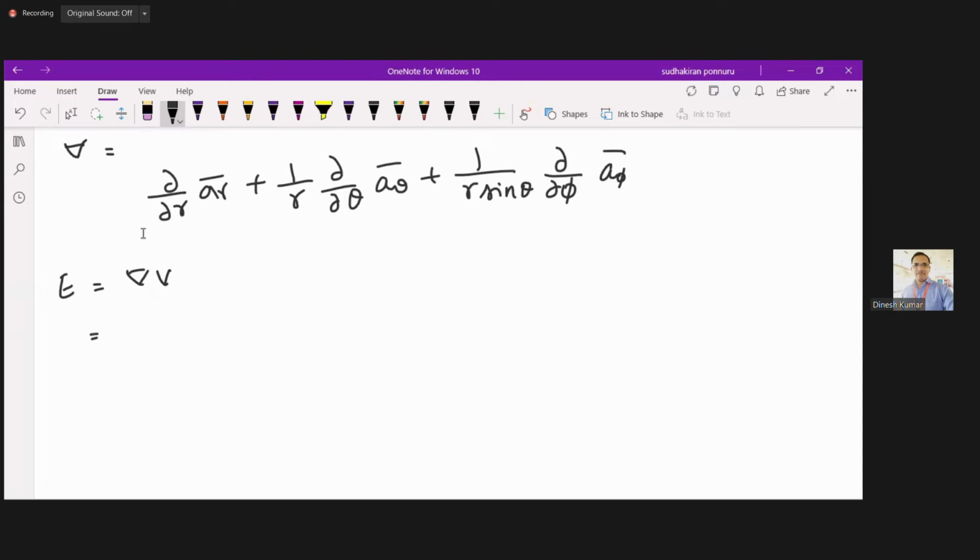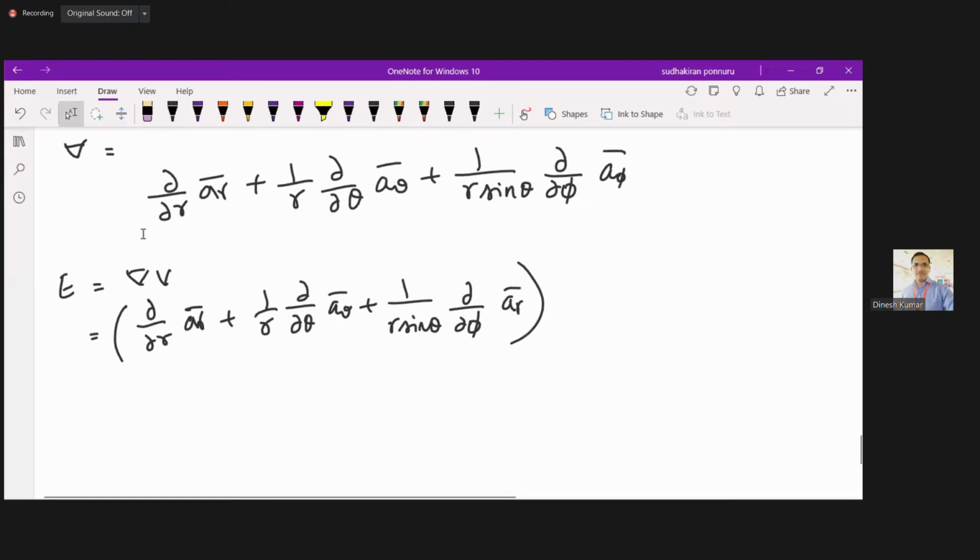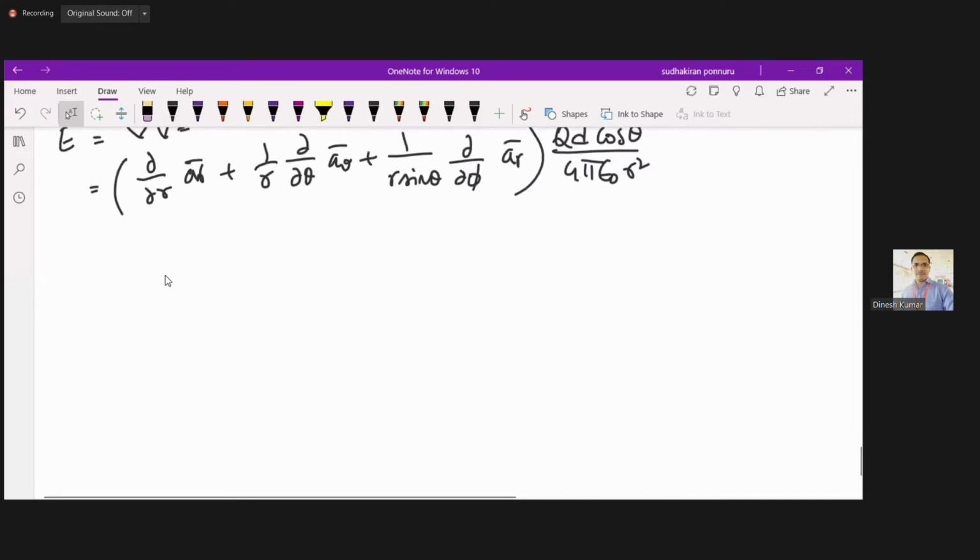Now we are going to apply the del operator. So del is dou by dou r of a r bar plus 1 by r dou by dou theta of a theta bar plus 1 by r sin theta dou by dou phi of a phi bar. What is V here? V is nothing but Qd cos theta divided by 4 pi epsilon naught r square. Now we multiply each term with this term.